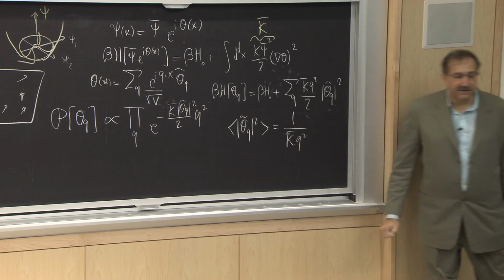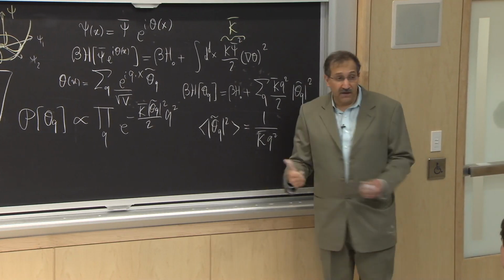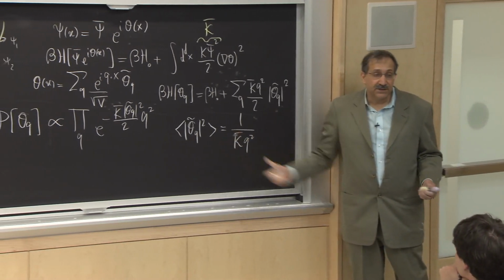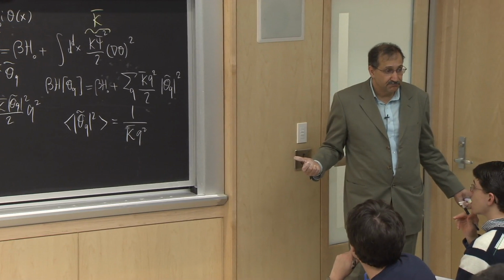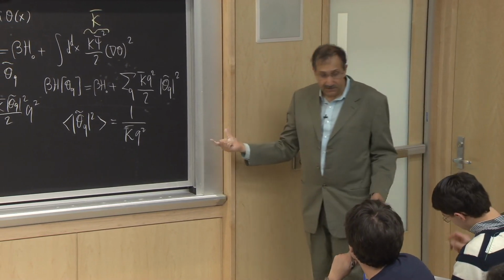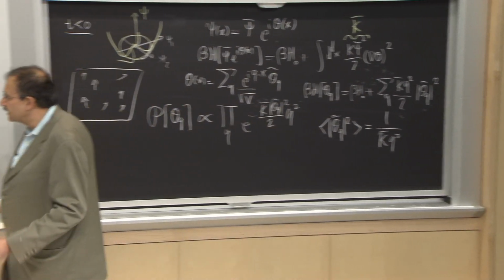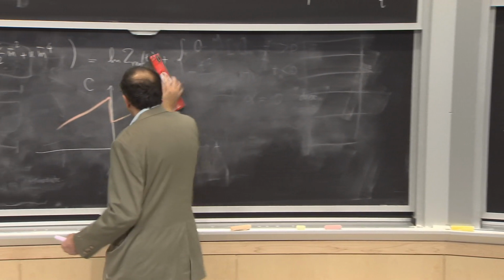Again, all that says is that as you go to long wavelength modes and q goes to 0, the fluctuations become larger because the energy cost is smaller. Okay, so that's understandable. But now let's look at what is happening in real space.